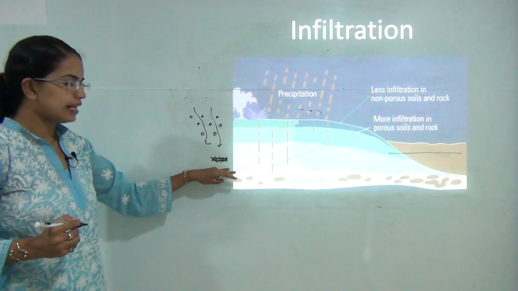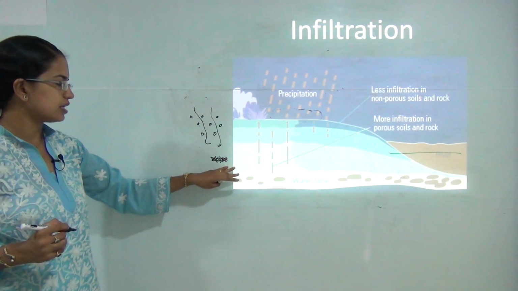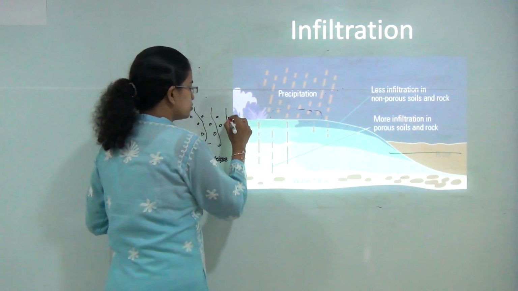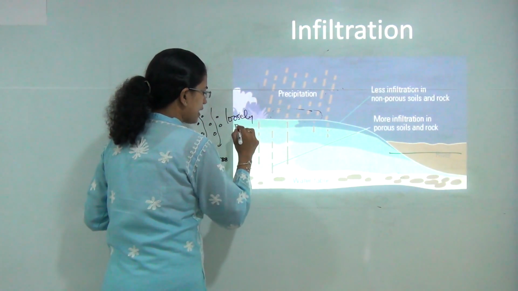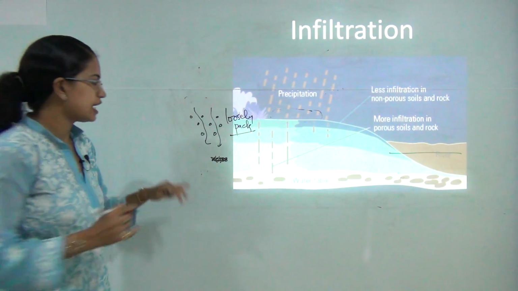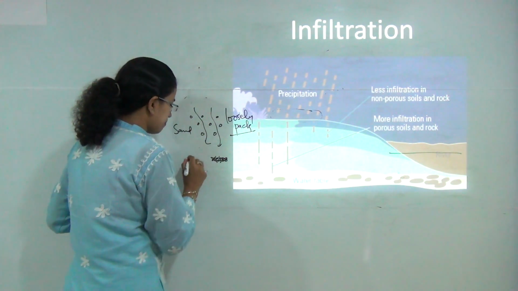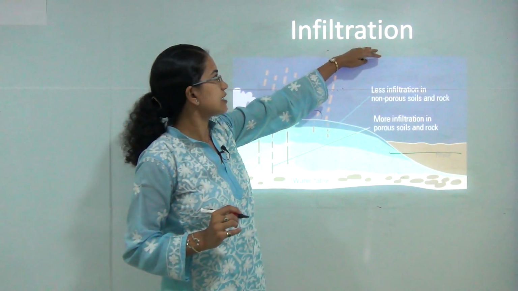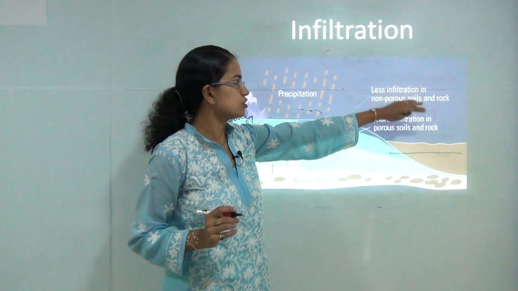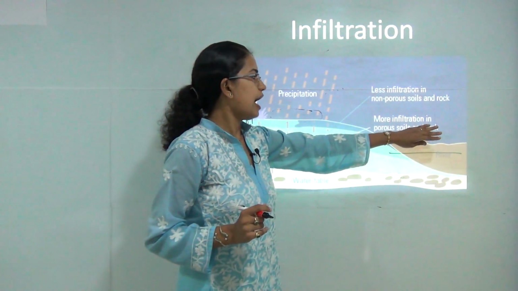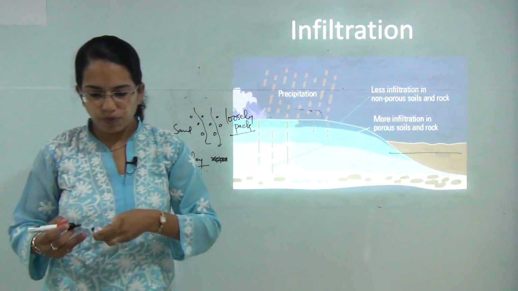So there would be less infiltration if the soil is closely packed. However, if the soil is loosely packed, for example sand, the infiltration would be much higher in sand as compared to clay. So that is important to understand the process of infiltration. Less infiltration occurs in non-porous soil, for example clay, and more infiltration occurs in porous soil.